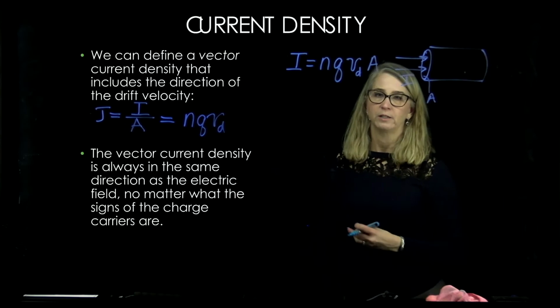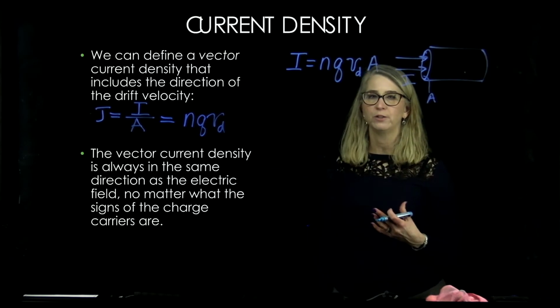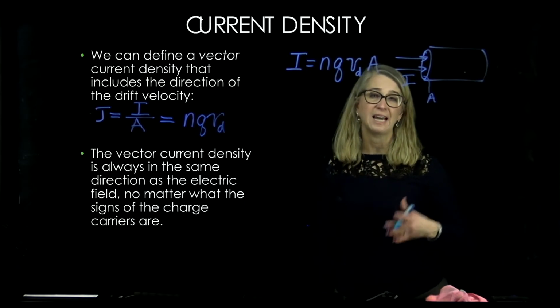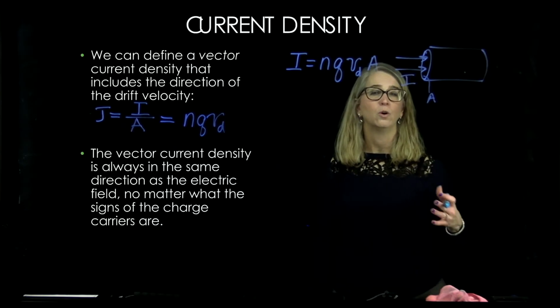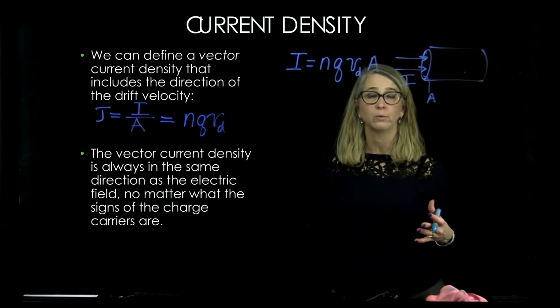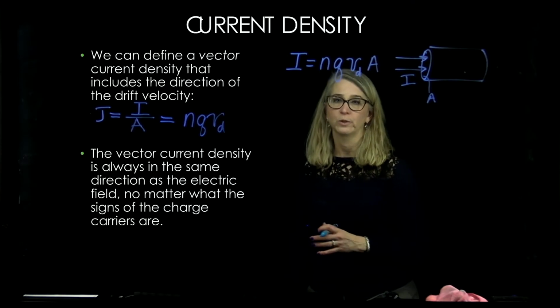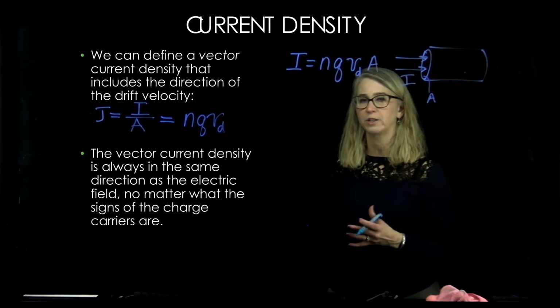So that's something to know, but the reason we introduce current density is we're going to use it to come to Ohm's Law, and an Ohm's Law that we're going to use a lot in coming chapters. The first thing we're going to say is the current density is always in the same direction as the electric field.